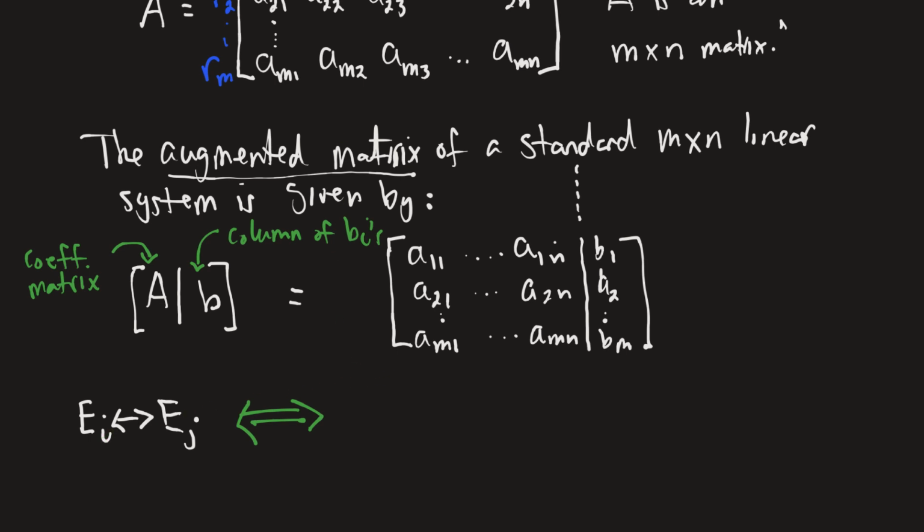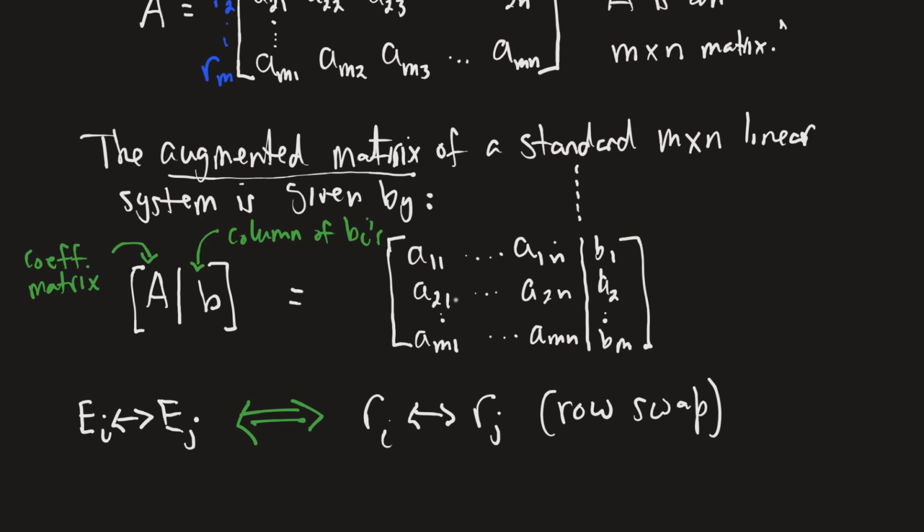So all I have to do is change my big E, and we're going to use the little r to represent a row. Which row? Well, we use a subscript to tell us that information, right? And then we still use the double arrow to indicate a swap, and then this would be now with row j. And now instead of saying an equation swap, this will be a row swap or row interchange, right?